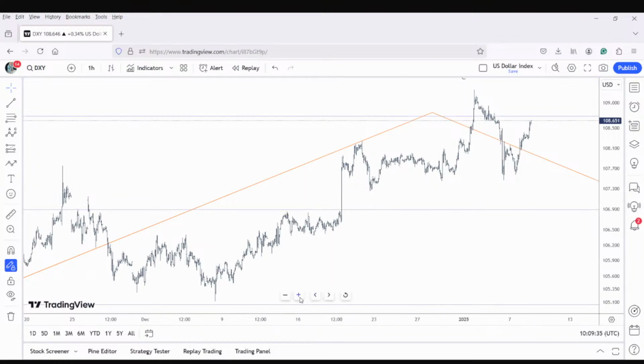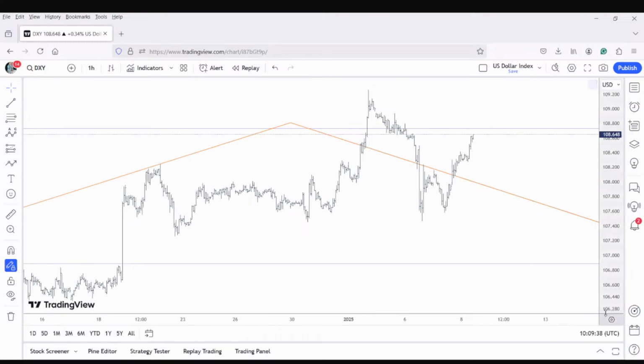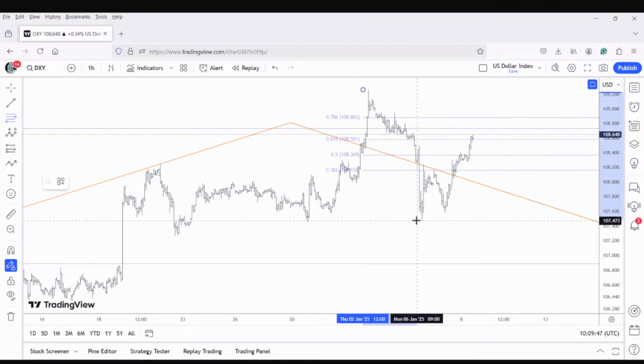Now let's get down to the trading part. Okay, let me zoom in a bit, please. That's the lower degree wave 1, which is being worked upon, and now prices are just a few points shy. It's exactly around the 61.8%.